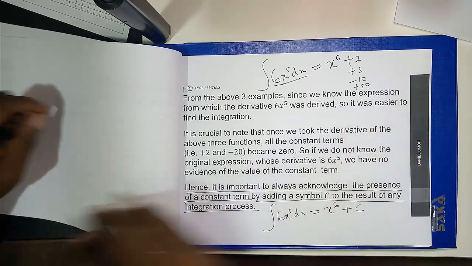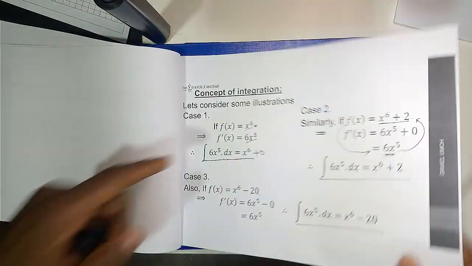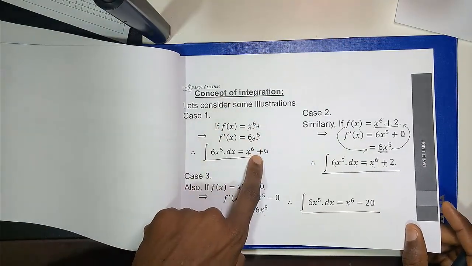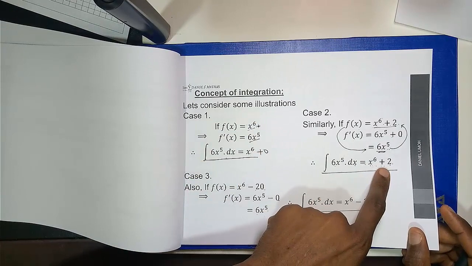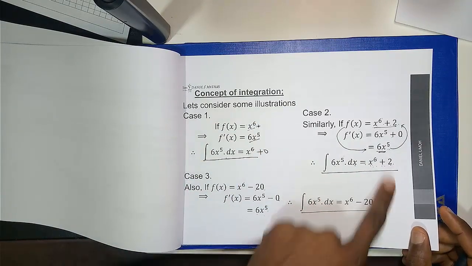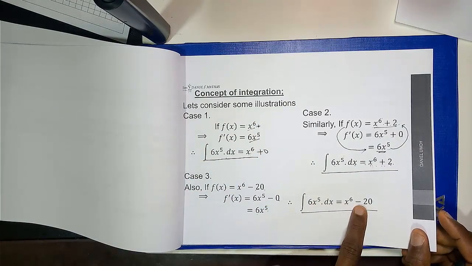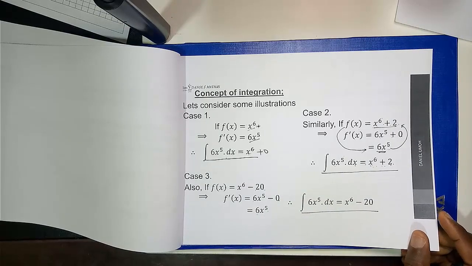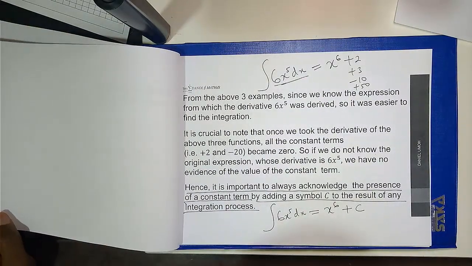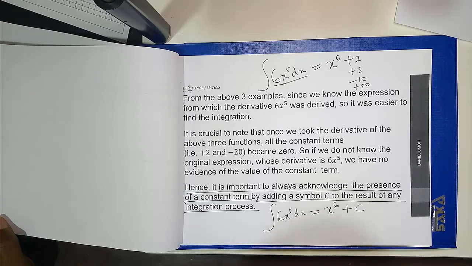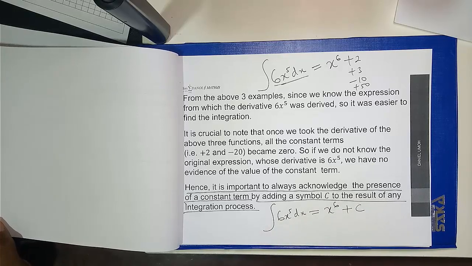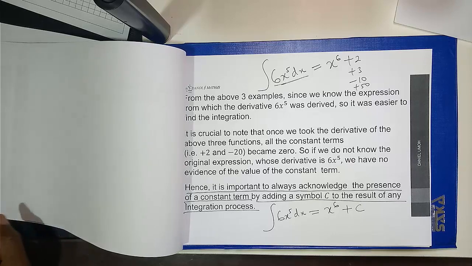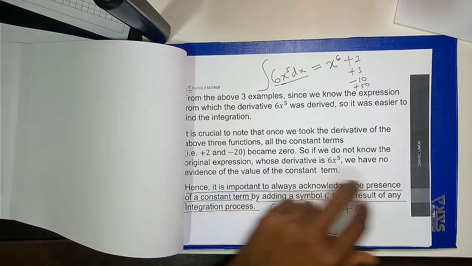It may be 0, as in the first case here, C was 0. It may be 2, as in the second case here, C was 2. It may be minus 20, as in the third case here, C was minus 20. So please, whenever you are doing an integration problem, always remember to add a constant C to your answer.